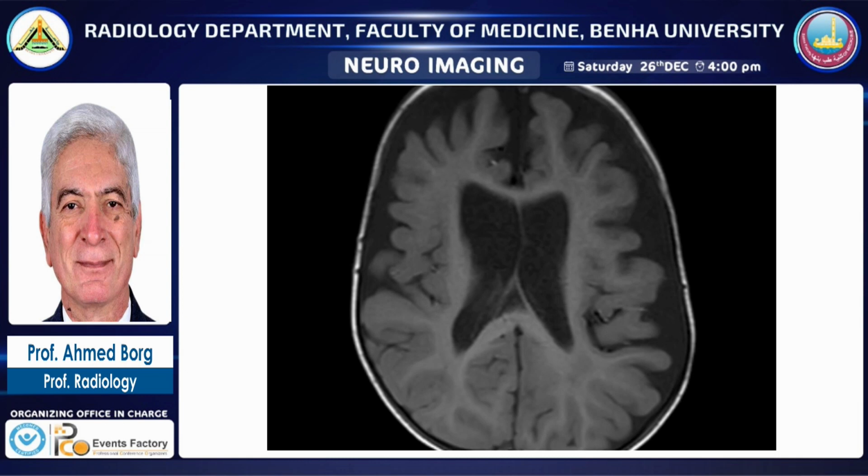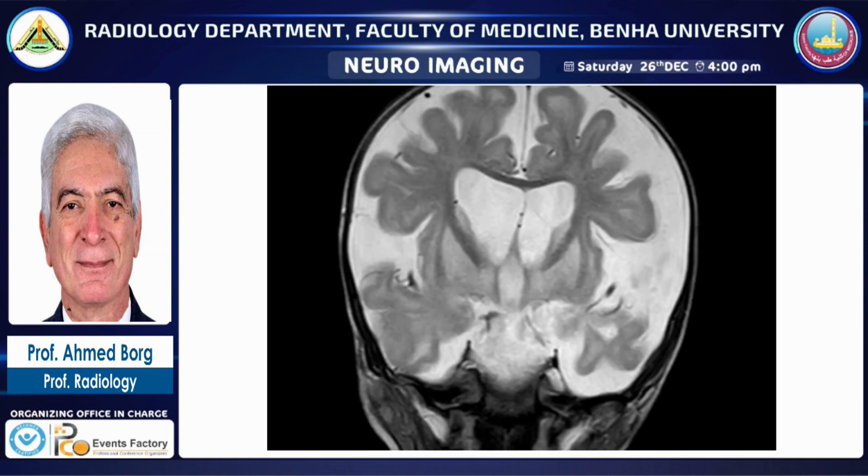T2 weighted image, again signal in the basal ganglia and caudate nucleus, and enlarged CSF space over the convexities and the sylvian fissure.